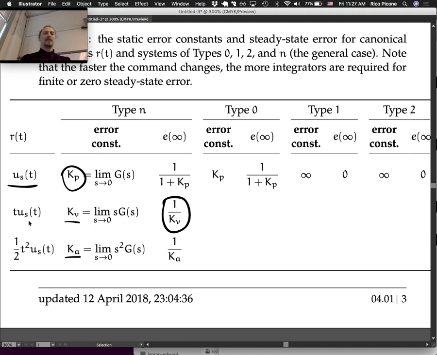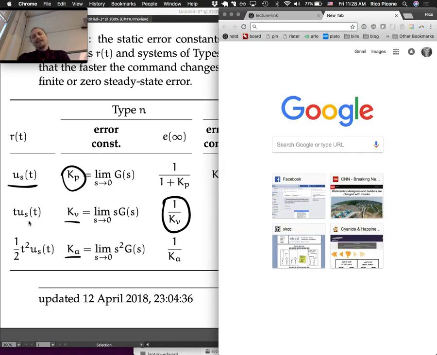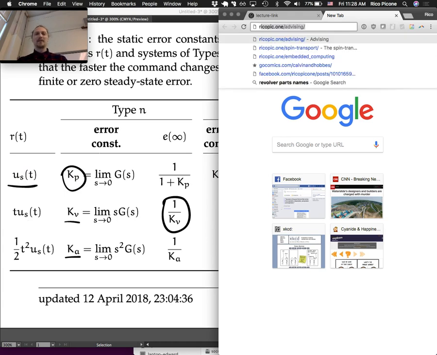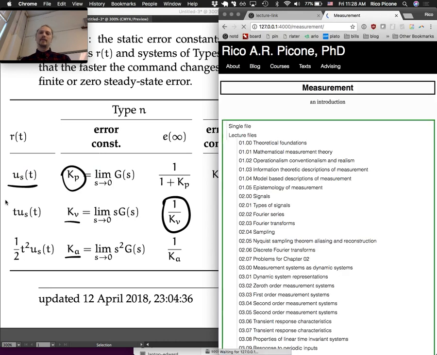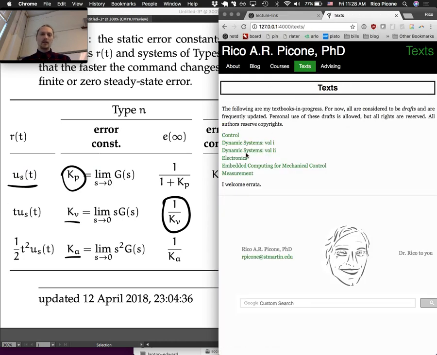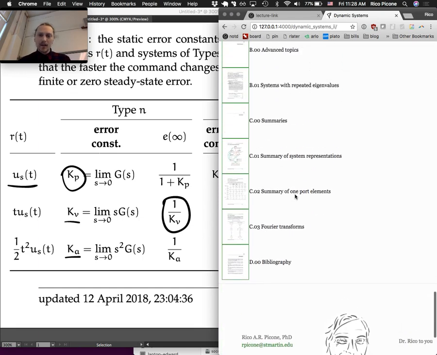No? Come on, guys. Jeez. Right, I'm just making stuff up. Let's see. Yeah, this is my local copy. Oh, there's my drawing of myself. That's cute. Did I do it in the control? No, it was a dynamic systems textbook that I gave that.